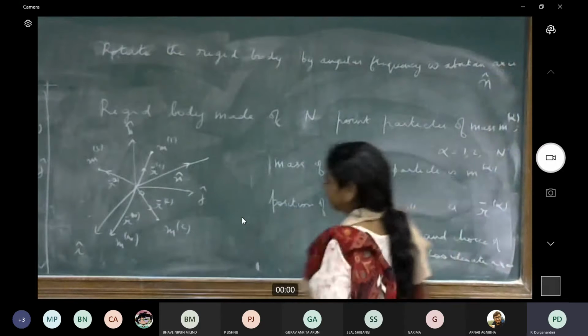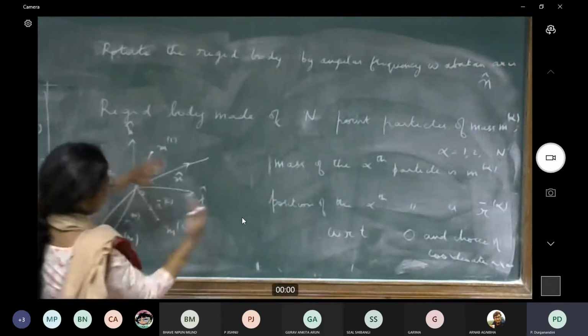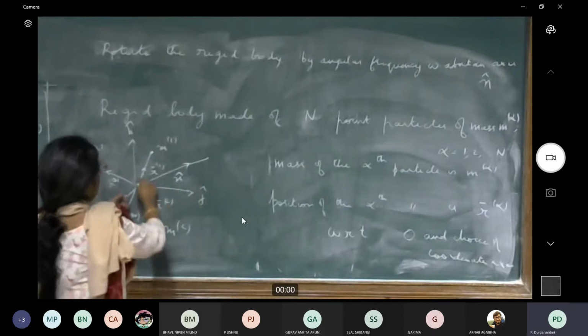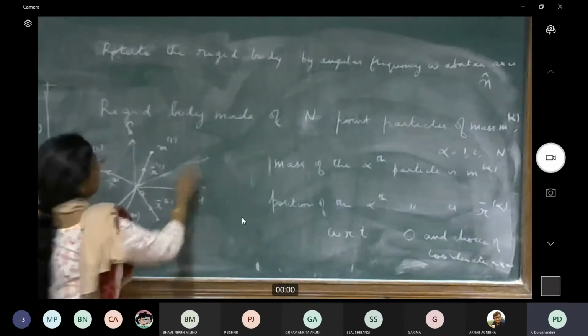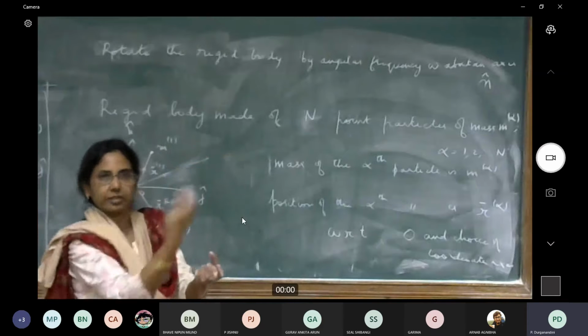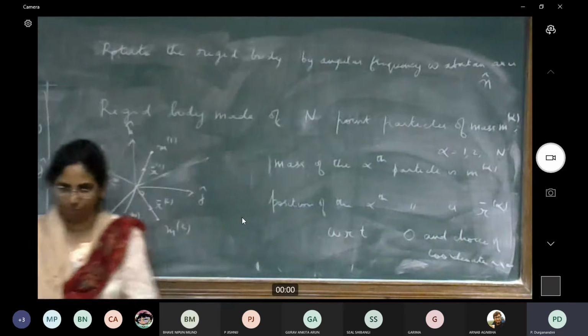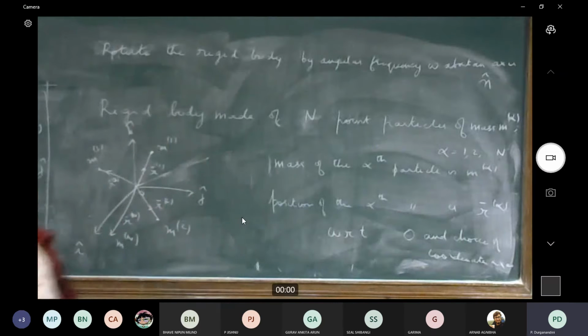That means about that direction. If this is my n cap, I rotate this full rigid body. You think of this as some collection of point particles connected by rods, and then I take that full assembly of particles and rotate the full thing by some angular frequency omega about some particular axis, which is denoted by n.